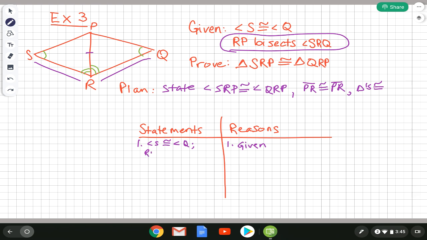Your book normally will write things one at a time, and anything that follows from the given information they would write underneath it in the next step. Okay, so angle S is congruent to angle Q. That's one of our pairs of angles. The second thing we said we needed to do was state that angle SRP was congruent to angle QRP.